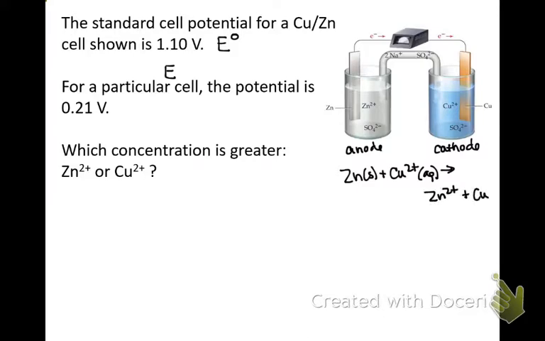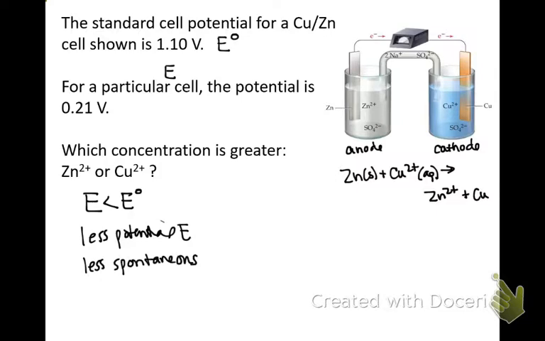Okay. And so here the observed potential is much smaller than the standard potential. So we have less potential energy, or put another way, this reaction is less spontaneous in the forward direction.